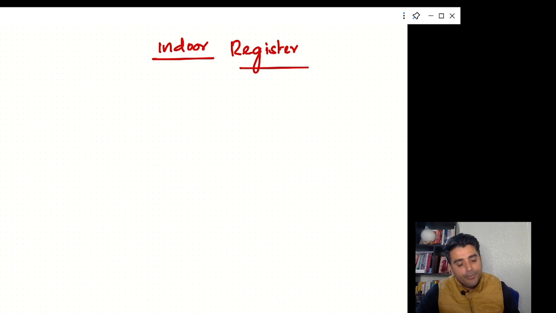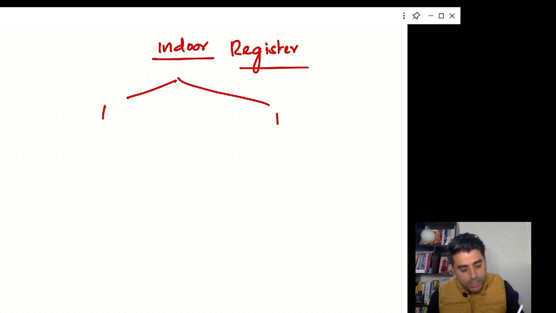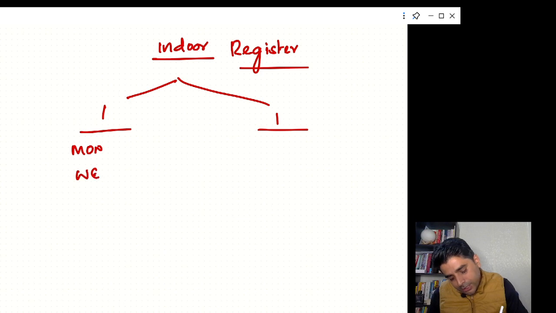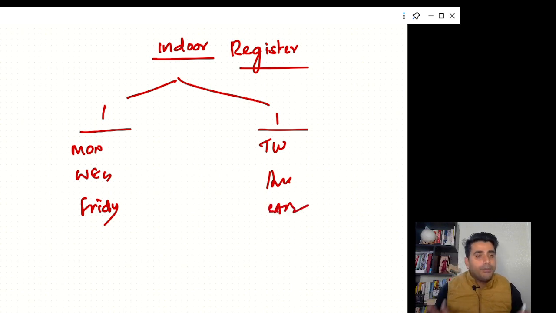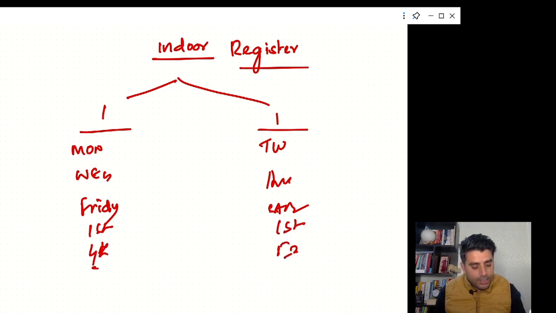Now the indoor register is divided into two registers, of different colors. In one there are Monday, Wednesday and Friday, and another is for Thursday or Saturday, whatever you see in the register.